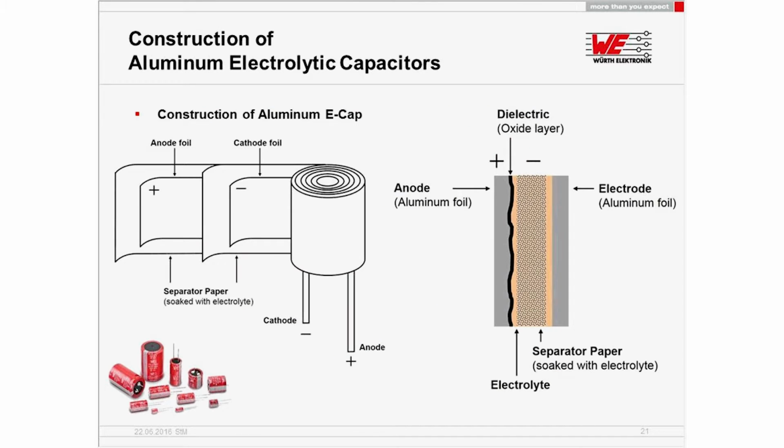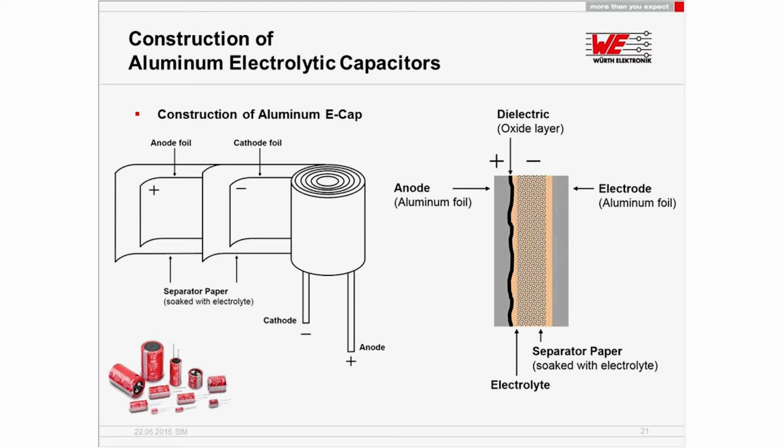Yeah, and in the construction of an aluminum electrolytic capacitor, also here you can find a cross section on the right side, because this is how it would look inside an aluminum electrolytic capacitor if you slice it. On the left hand side you see again that you have the anode foil, the cathode foil as aluminum foil, some separator paper in between, and this will be wound.